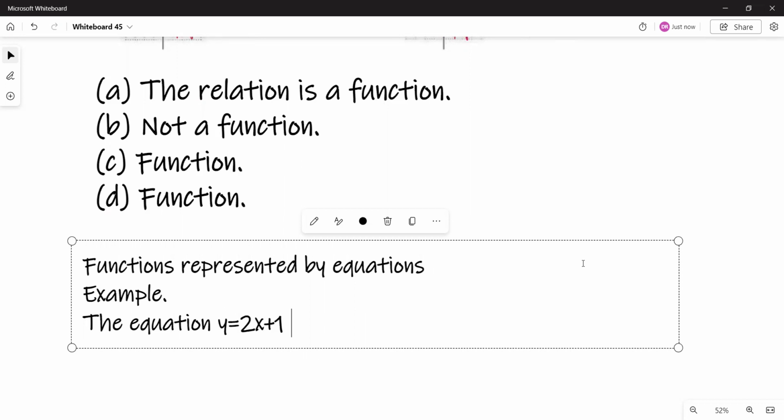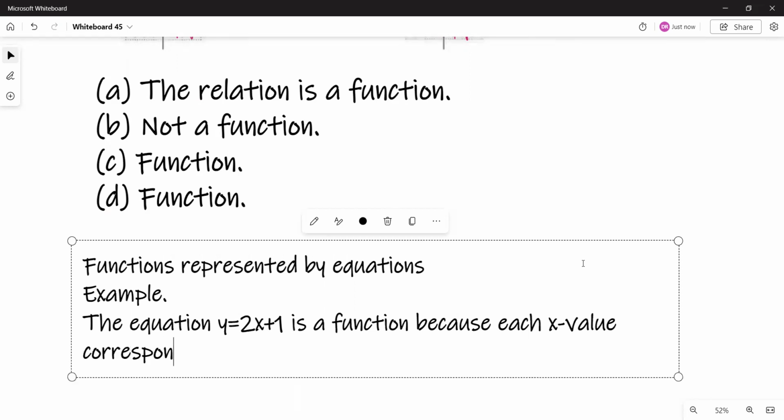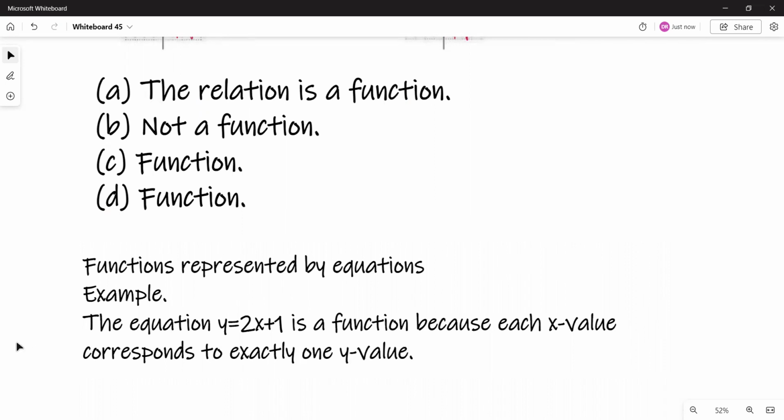It is a function because each x value corresponds to exactly one y value. So there's no way to obtain two different y values for the same x given this equation.